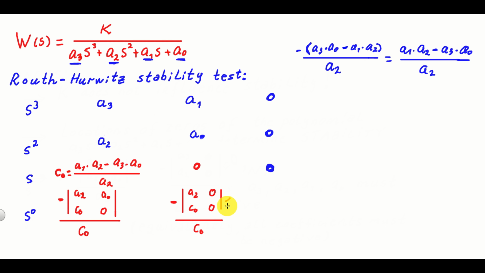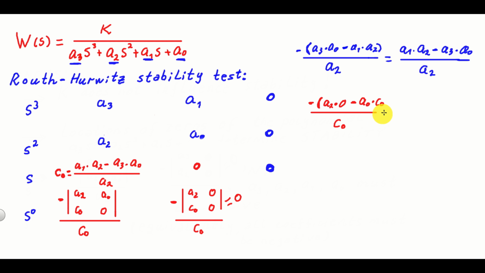Obviously, this entry will be 0 again. However, let's compute this entry. Let's do it over here. This entry becomes, we have in the denominator C0, and we have A2 multiplying 0, which is 0, minus A0 multiplying C0.